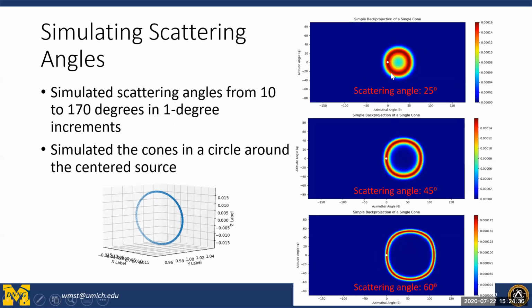So in the top right, we have a scattering angle of 25 degrees. In this case, our lever arm has to point to that 25-degree azimuthal position such that our cone projection can intersect with our source at 0, 0. In this case, our simulated source and simulated analysis.